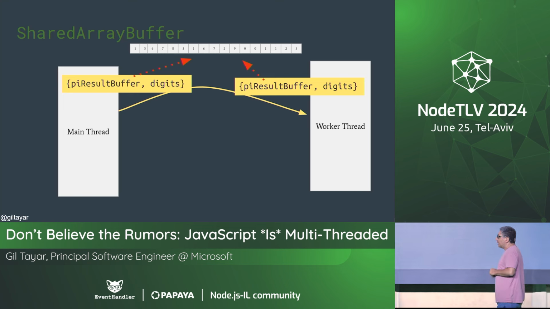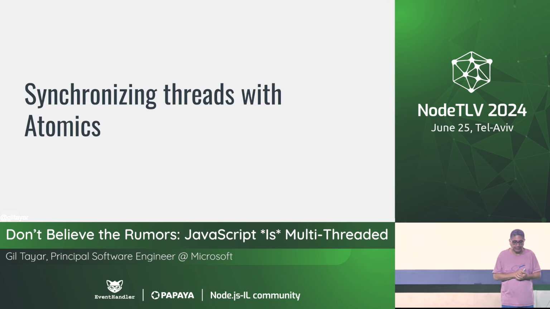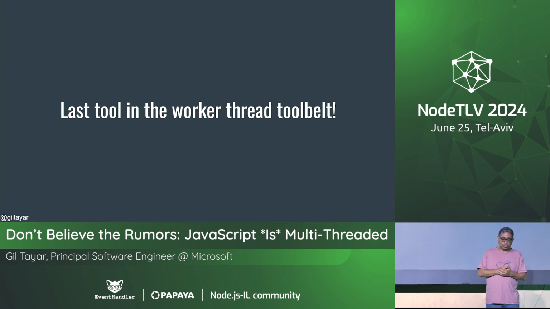Very, very nice, and improves the performance a bit. Instead of posting either via transfer list or via copying, which is obviously really bad. Last tool in the tool belt. And maybe I'll have time for one more thing.